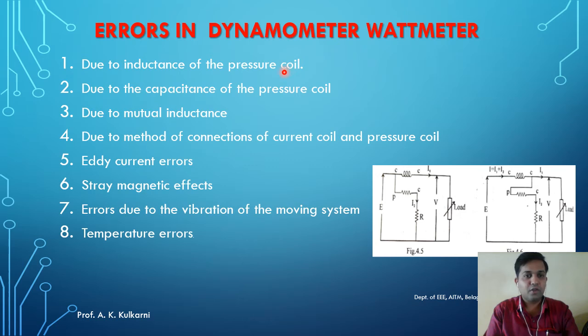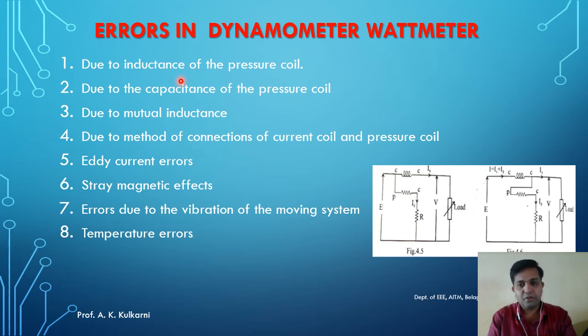So what is the first one? Due to the inductance of the pressure coil. As we know, the pressure coil and current coil are there in our dynamometer wattmeter. So whenever we give a supply, what will happen? The inductance of the circuit will increase. So if the inductance is increased in the pressure coil, what will happen?